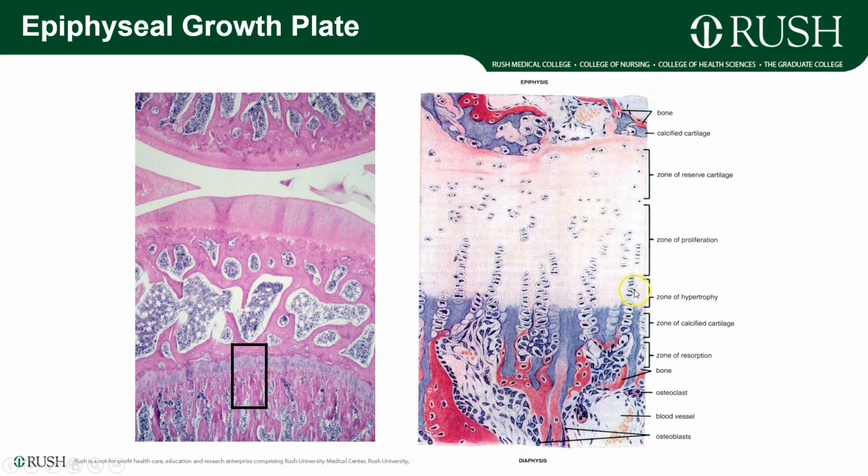The cells eventually start to become bigger and start to die off in this zone of hypertrophy, and that eventually leads to a zone of calcified cartilage. And then as the blood vessels are invading from underneath, those areas get resorbed, and then the new bone is being formed around here. So this very organized way of cells being in reserve, to cells eventually dying off, and then cartilage turning into bone, the whole process is allowing the bone to grow in a longitudinal way.